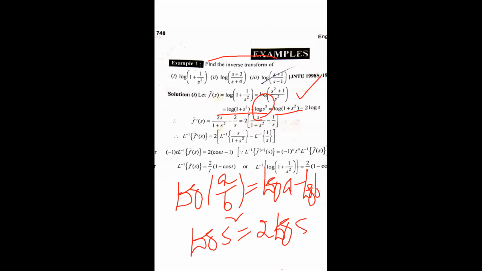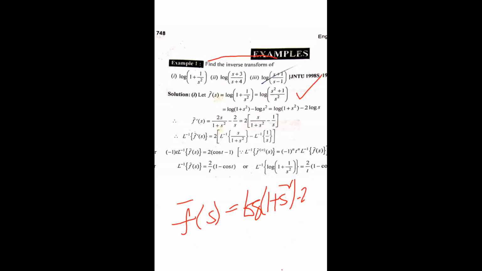So finally, f bar dash of s is 2s by 1 plus s square minus 2 by s, because f bar of s is log of 1 plus s square minus 2 log s. We apply the derivative with respect to s. The derivative of log x is 1 by x.